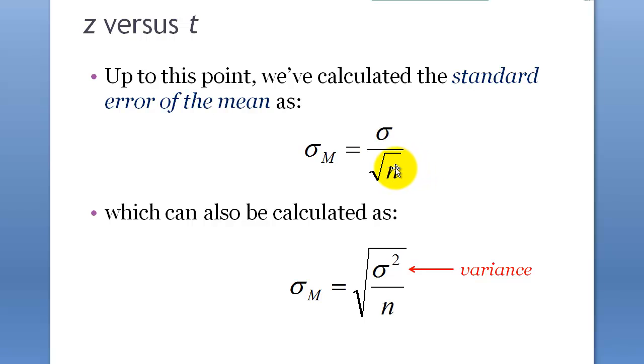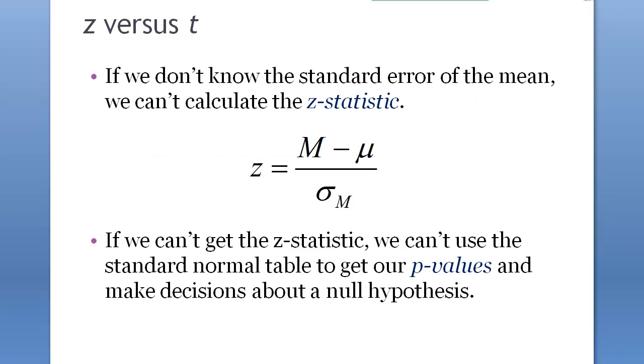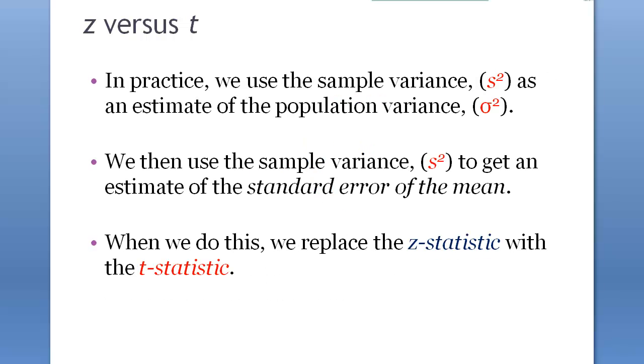That's what it was. But because we don't know this, we're gonna use the sample variance instead, or sample standard deviation. It doesn't matter which, it's the same thing. Anyway, okay, where is it? Here. Okay.